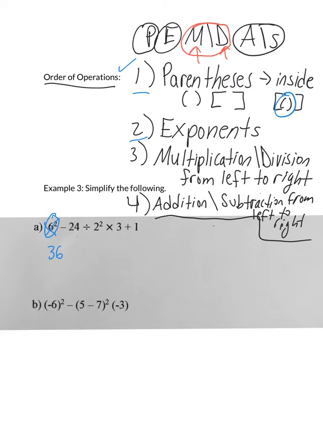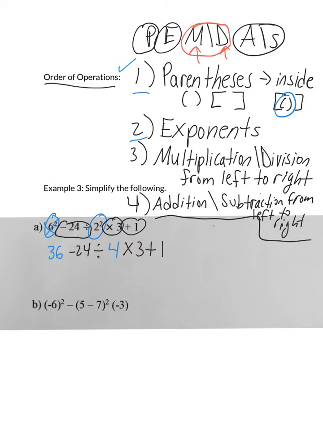Bring the rest down, so bring down the minus 24. Bring down the divided by, and as you're bringing the rest down, I'm still on the exponent step, so the next exponent I see is 2 squared, so 2 raised to the second power, or 2 times itself, is of course 4, and then bring the rest down, so bring down the times 3 and the plus 1.